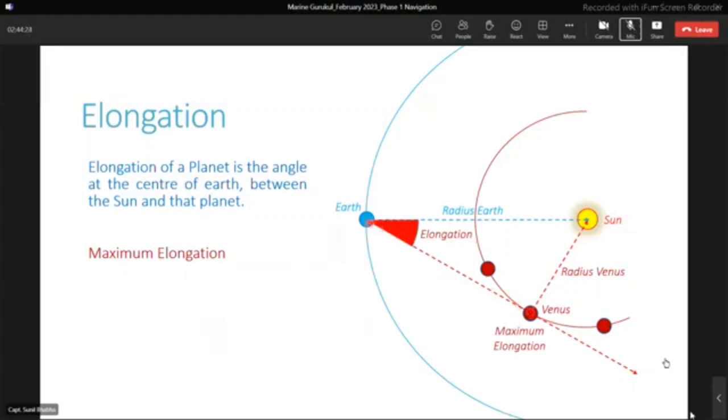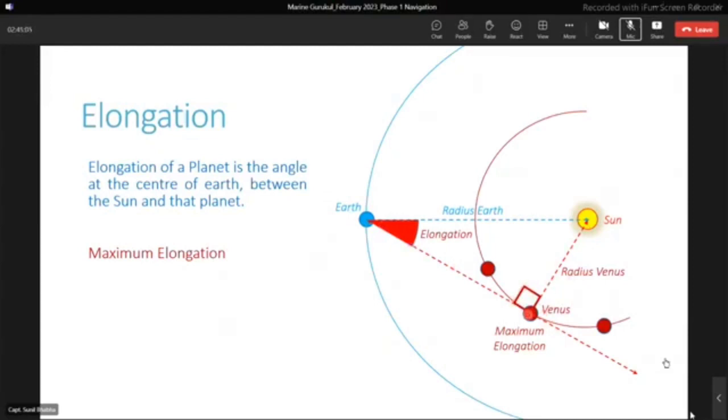So this line joining the center of Earth with the center of Venus, the red dotted line, represents a tangent, and this line joining the center of Sun with the center of Venus represents the radius of the Venus orbit. So they will be at right angles. So this angle here at planet Venus will be 90 degrees. So this is the point of maximum elongation of Venus, and we know at the point of maximum elongation, the angle made at Venus between the Sun and the Earth would be 90 degrees.